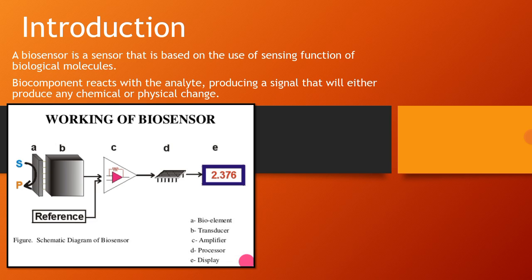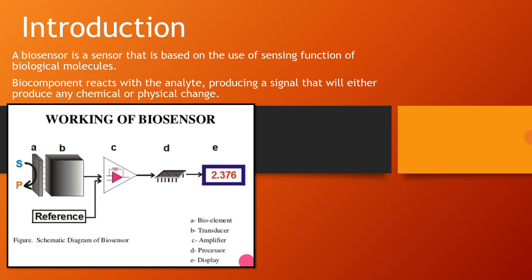That will be determined using the detector or a reader. All right, so the working of the biosensor is the same as the biochips. In the biosensors also we have the analyte, then we have the transducer, the amplifier, detector, and the display. Okay, so in this picture you can see the schematic of the biosensors.